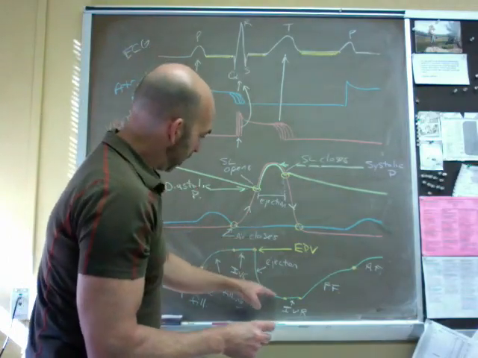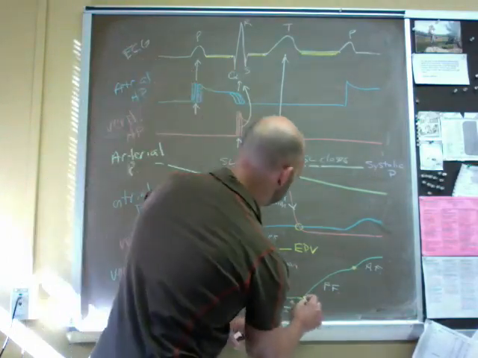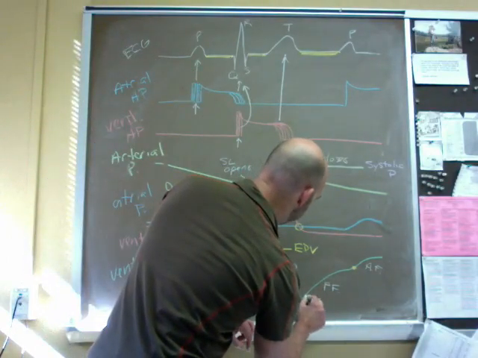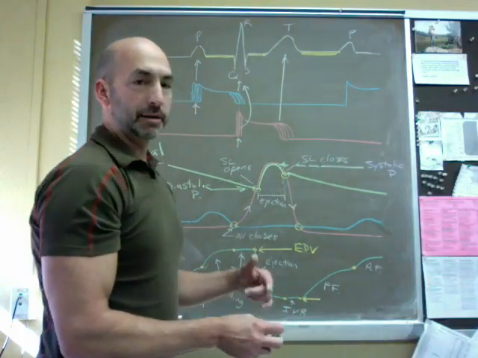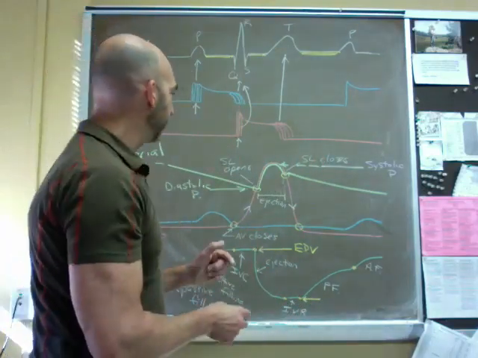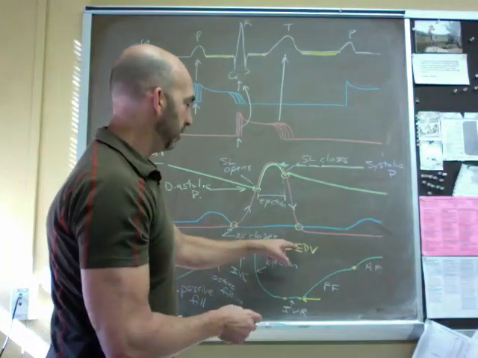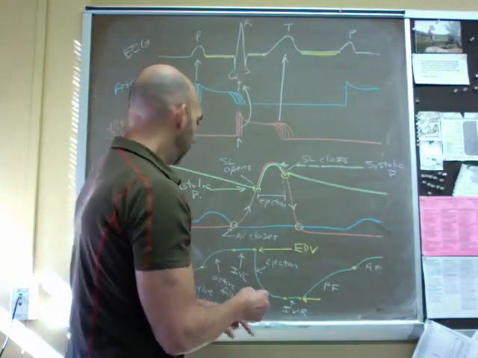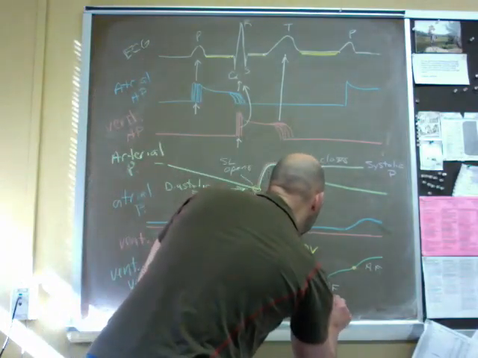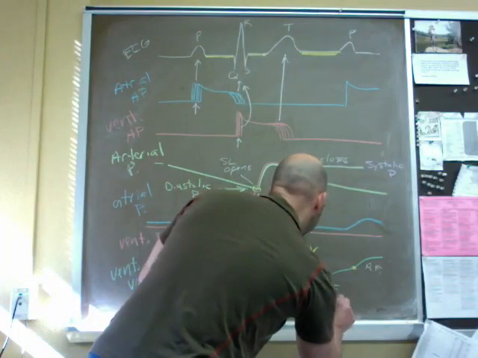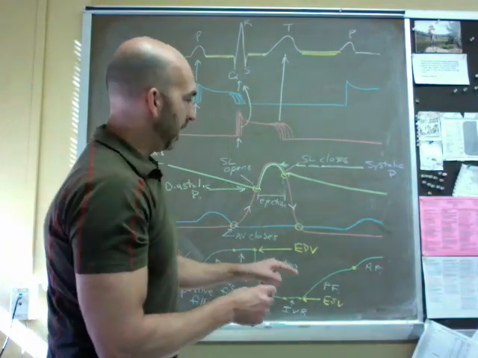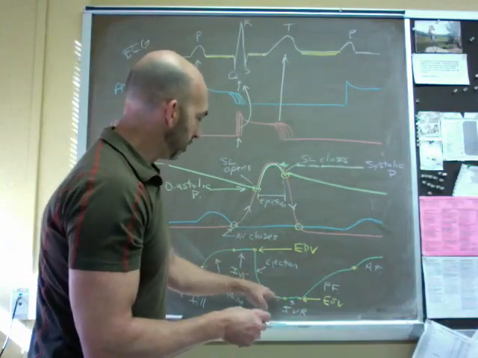Then we eject a certain volume, which we'll see in the label in a second, and we end up at a minimum volume. Remember, it's not zero. The ventricles do not eject all of the volume that they contain. They do not eject all of their EDV, and you end up with your end systolic volume, the volume at the end of systole, at the end of ejection.